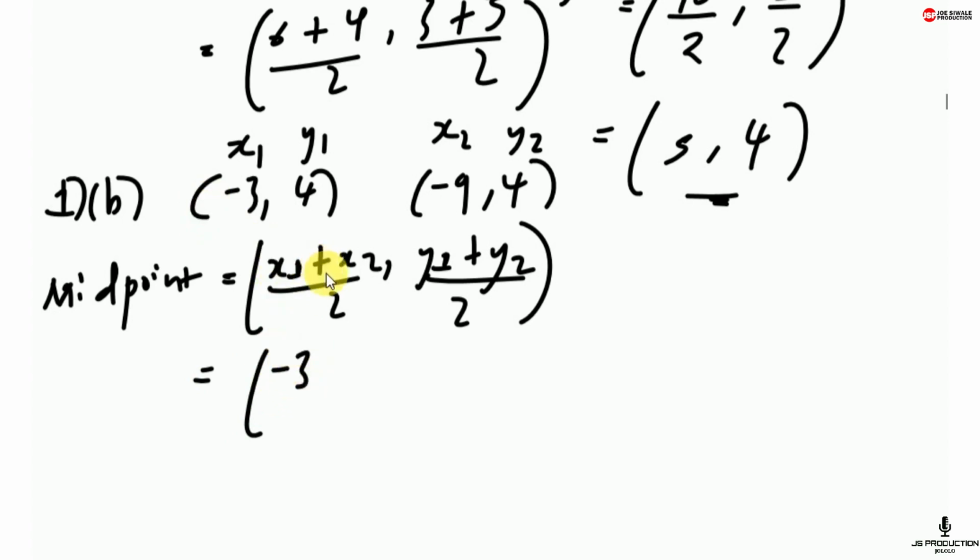What about my x2? My x2 is negative 9. So I'm going to say negative multiplied by positive there. We're going to have negative. So this is going to be negative 9 divided by 2. Then my y1, that's 4, plus my y2, that's 4.